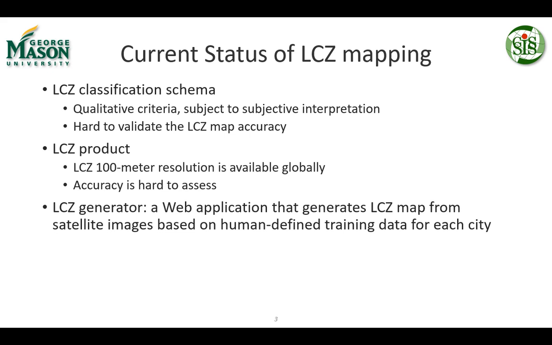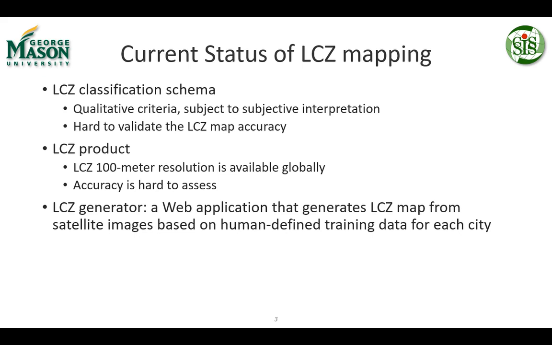This data set is generated by the classic method. Citizen scientists, a volunteer or scientist in every city, go to the satellite image and draw the area of a class. Each class is used as a training data set to train the machine learning algorithm, and then after the algorithm is trained, it is applied back to the satellite image to get a classification.